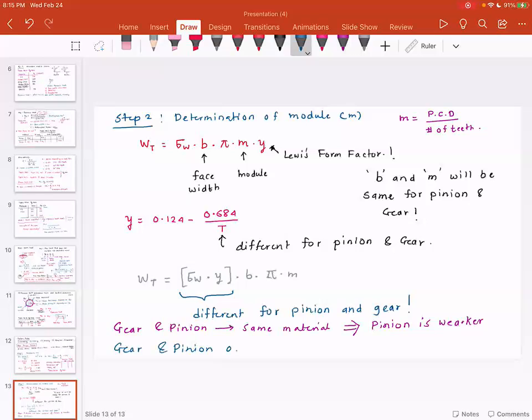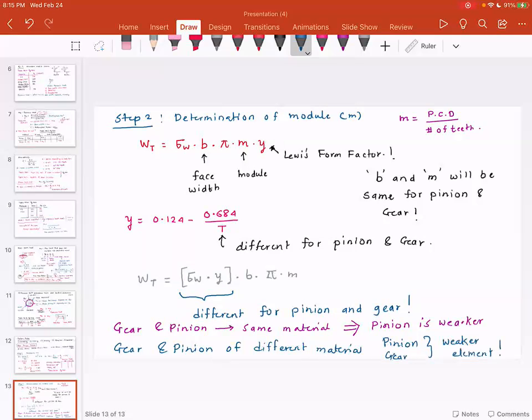But now I want you to consider a case that the gear and pinion are of different material. First we need to decide whether the pinion is weaker or the gear is weaker. What is the weaker element?